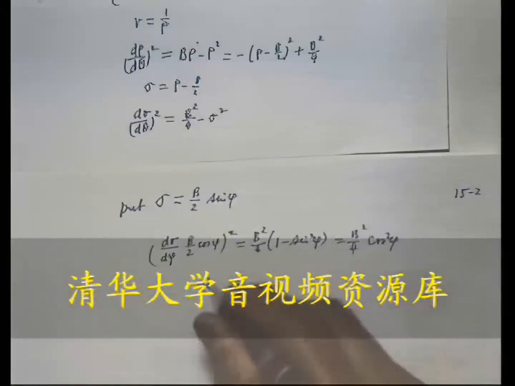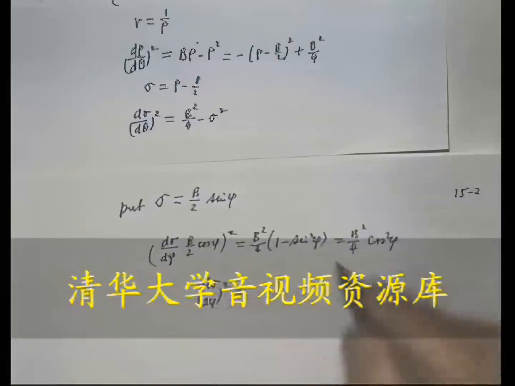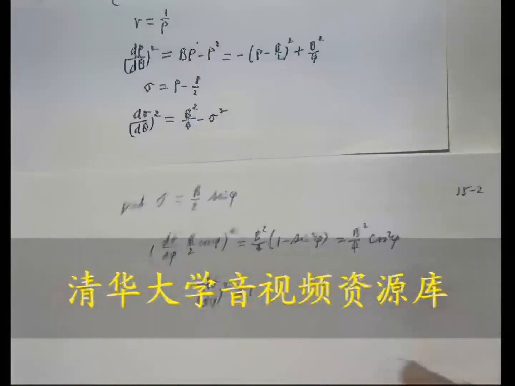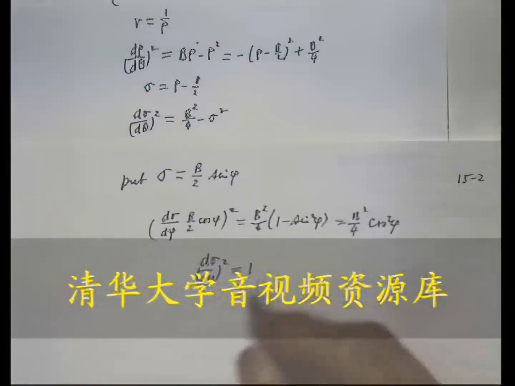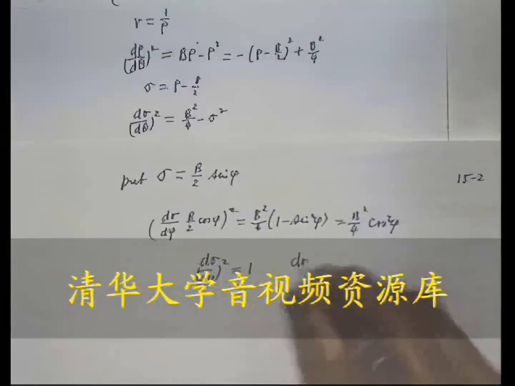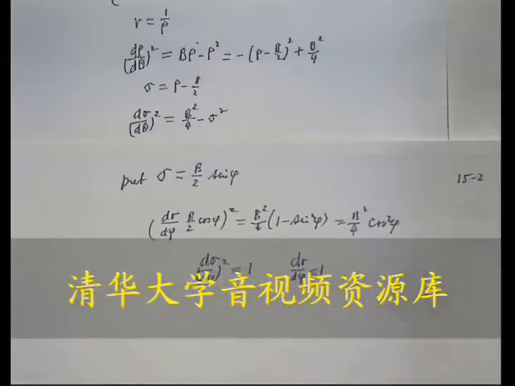So you get (d sigma/d phi) squared is equal to 1. This is very similar to what we had. So we take d sigma d phi equal to plus 1. You can take it equal to minus 1 where the result is the same.